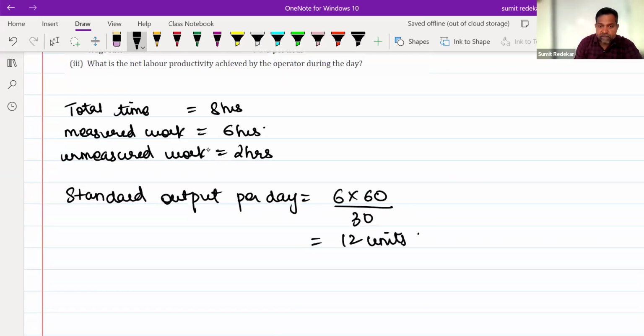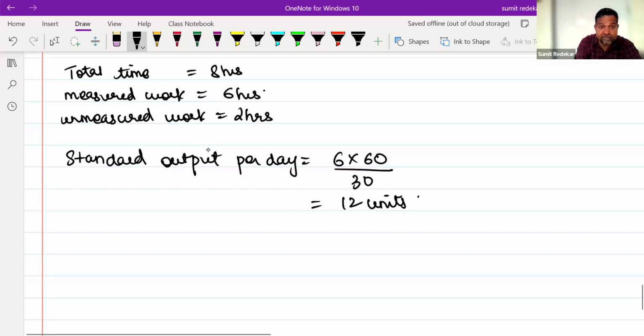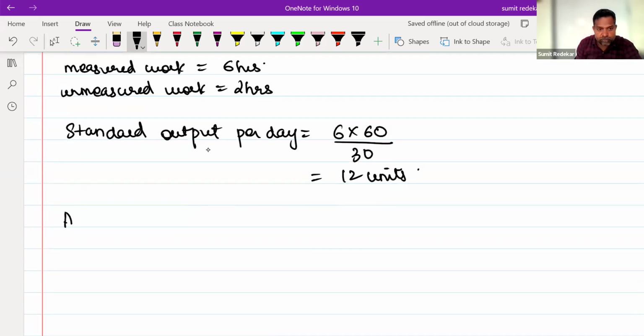What have we done? We have found out how many minutes you work in total. So that's 360 minutes. And every 30 minutes, you make 1 unit. So the number of units you will make is 12. We will then come to the next, and that is actual output. Actual output is 15 units. Can I see he's doing a very good job? Yes.